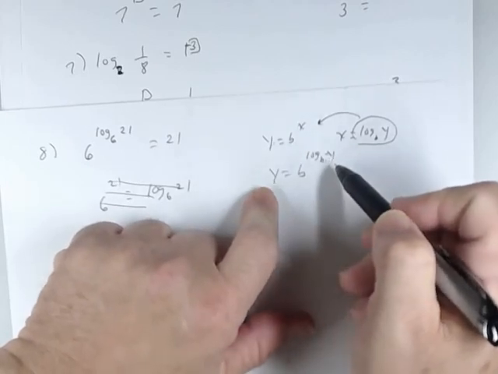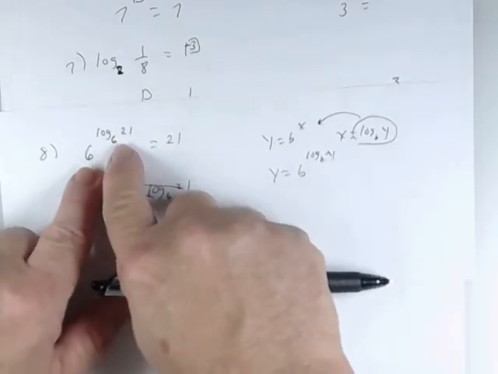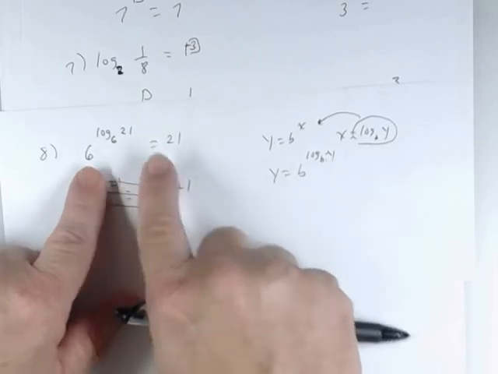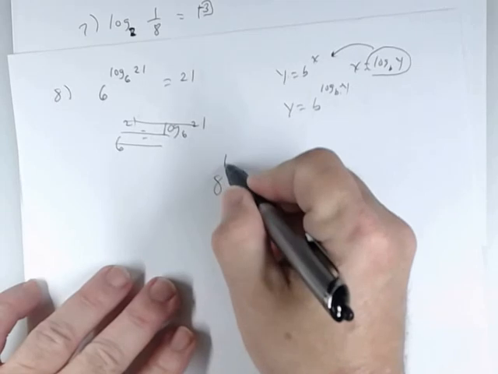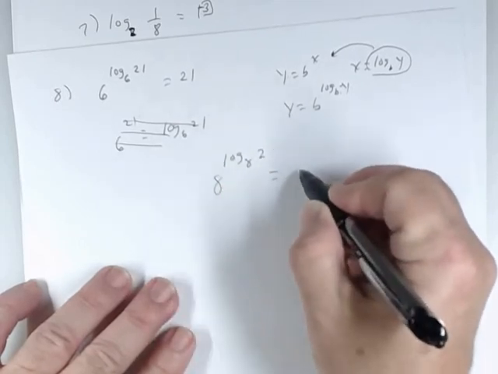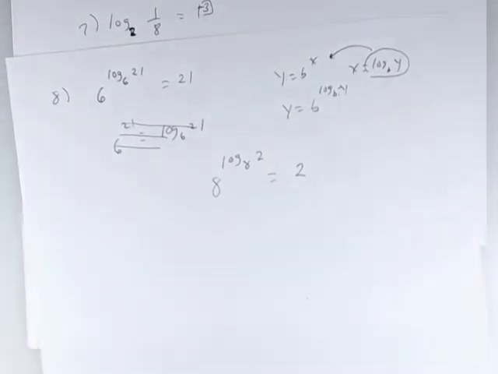The argument. So whenever you have these bases the same and the log is in the exponent, then the answer is just the argument based on this idea here. So if you have 8 raised to the log base 8 of 2, then the answer is just what? 2. Answer is just 2.